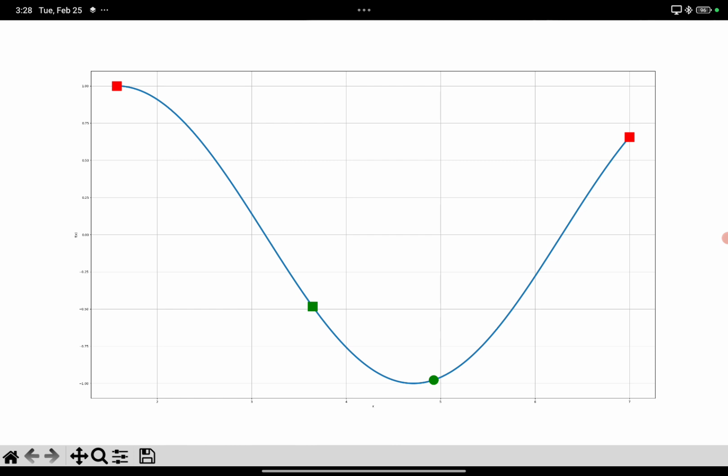I'm using this particular rho. So I start with a0, b0. a1 and b1 are marked in green.